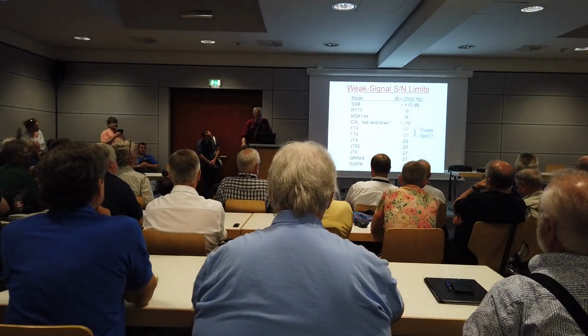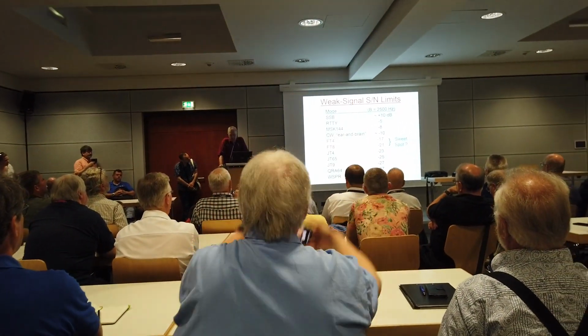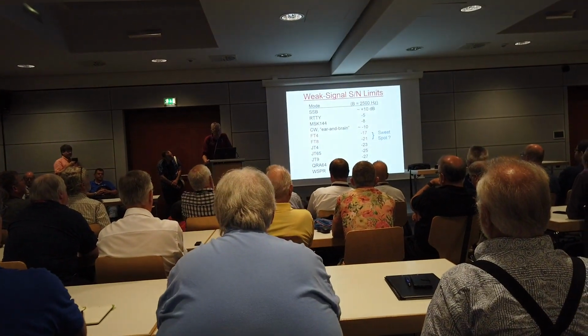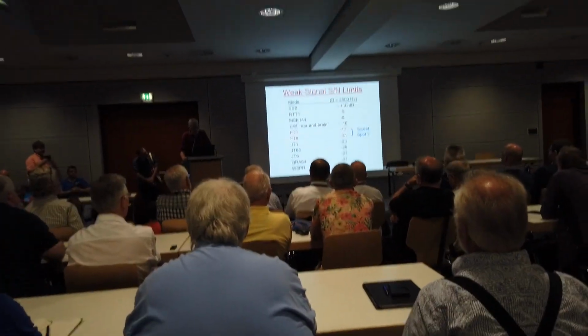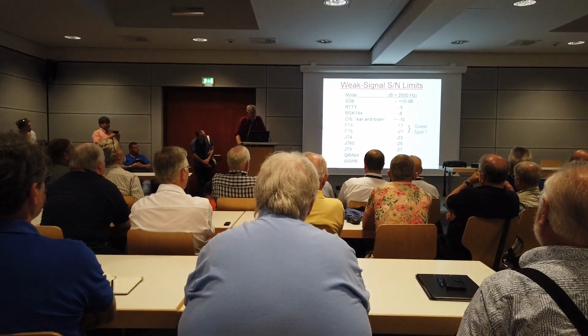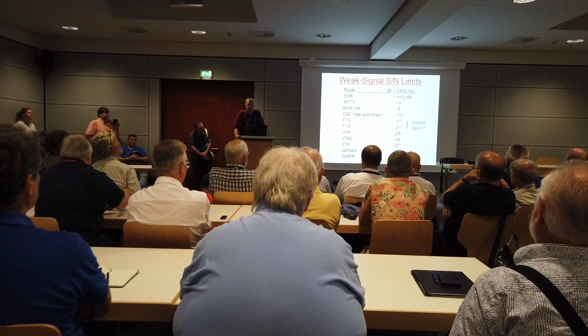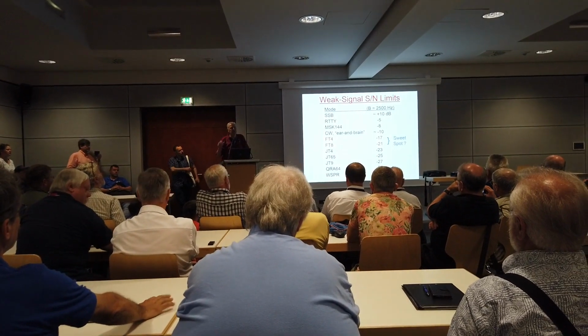That means something like 10 dB is a minimum. RTTY can get you down below the noise a little bit because the signal is significantly narrower. MSK144 is better still, and so forth. And you'll notice that right about in the middle are both of these modes, FT4 and FT8. It appears that for many different types of ham activity, that's kind of a sweet spot. It's a good place to be.